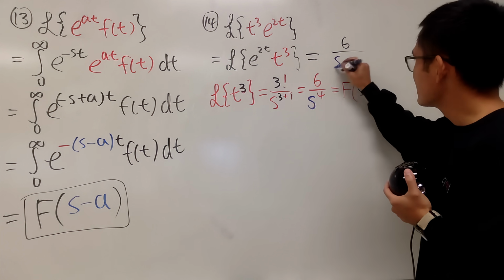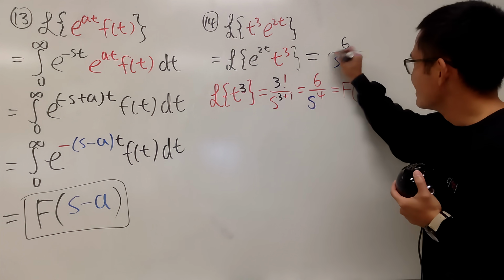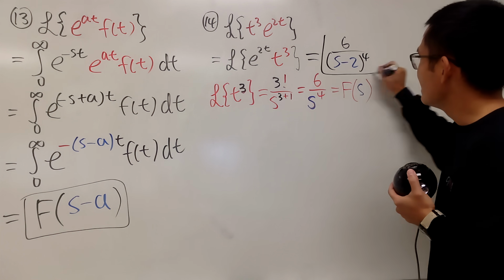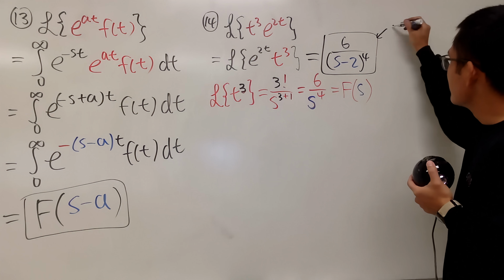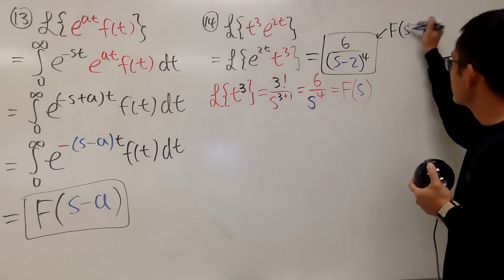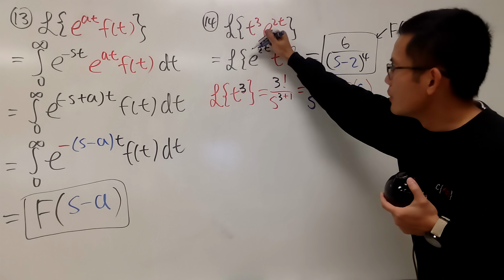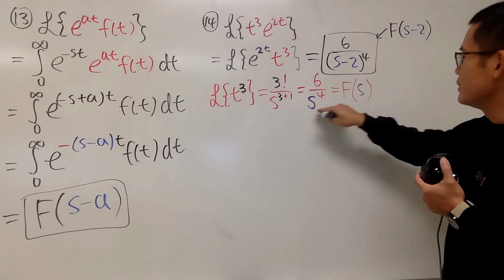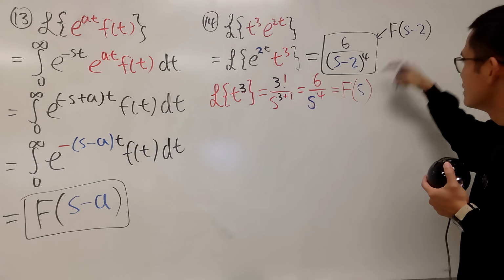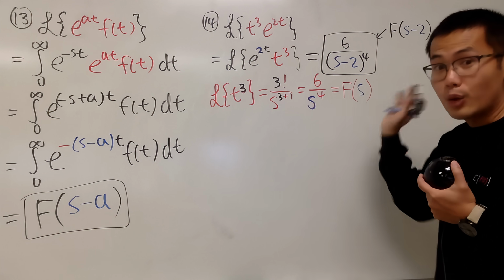So here we have s minus 2 raised to the 4th power, and you are done. Again, this right here is precisely our F of s minus 2. Right here we have the 2, where F of s is equal to this, right? And then we know F of s is equal to that. So that's all we have to do.